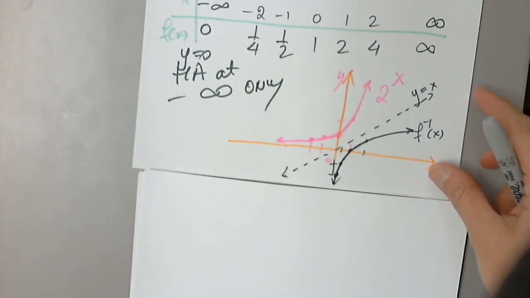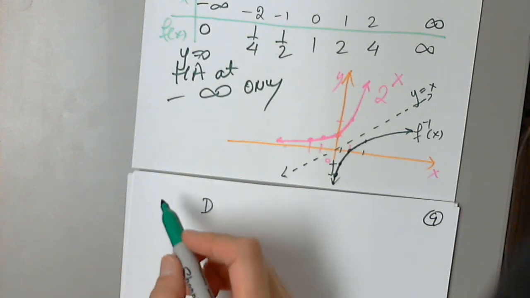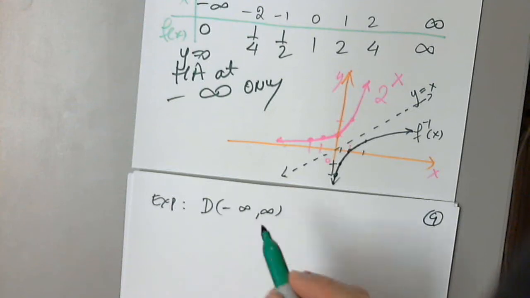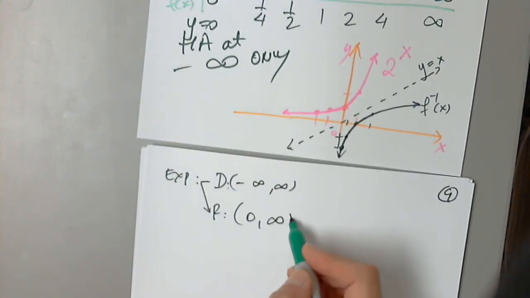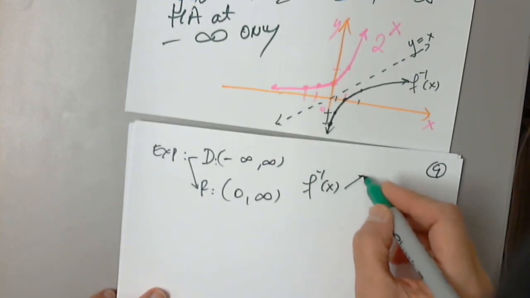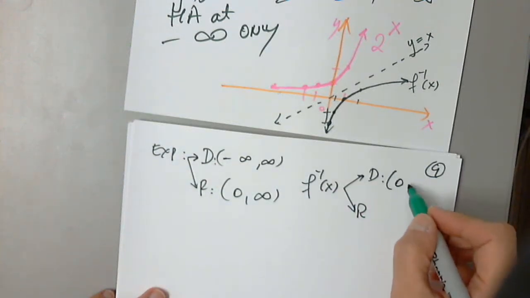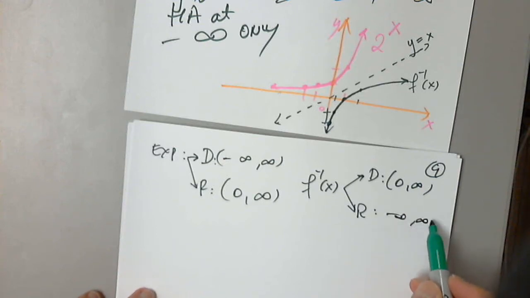So one more time, let's write here. Domain of the exponential is -infinity to infinity. And the range, you gave it to me, 0 to infinity. Now, the inverse function of the exponential will have what domain and what range? Very good. Awesome. Thank you. And the range? Right.